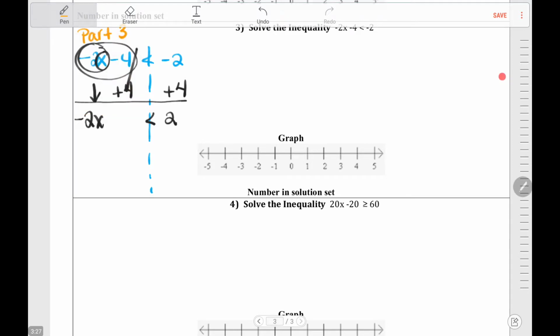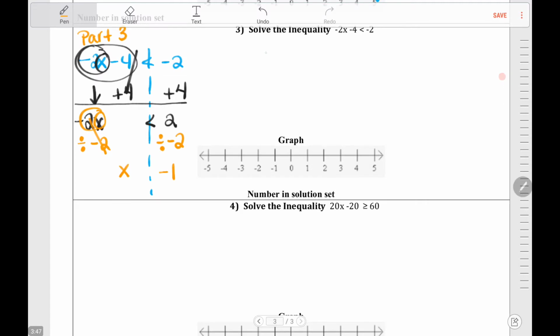Okay, I still need to get rid of what's next to the x, so I need to get rid of that -2, and I do that by dividing. Inverses cancel, I bring down my x. 2 divided by -2 is -1. Before I write my symbol, I need to ask myself, did we multiply or divide? Yes. When we did that, was it a negative number?